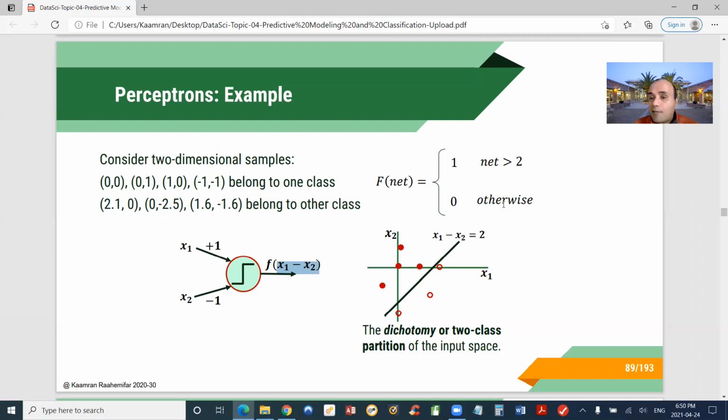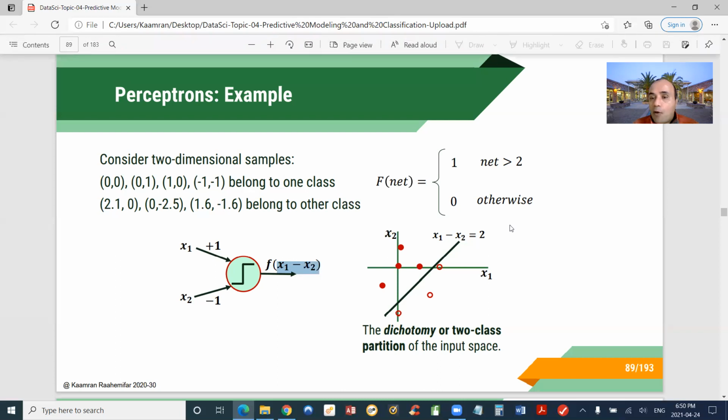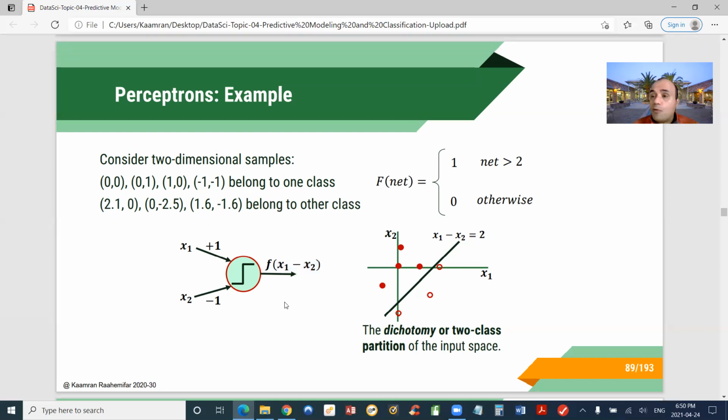If net is less than or equal to 2, it's going to be 0. So I'm going to say that these 4 points belong to class 0, and these 3 points belong to class 1. And then you can say 0 means yes and 1 means no, or vice versa, depending on your experimentation. So this is a very nice example that shows that the neural network can do the job.